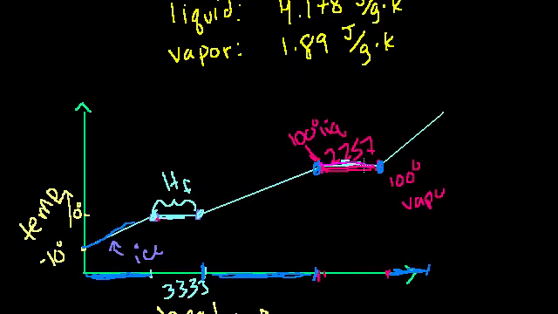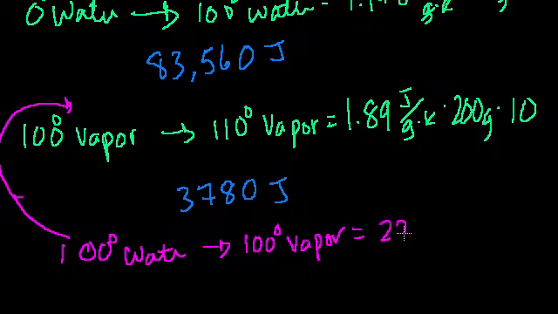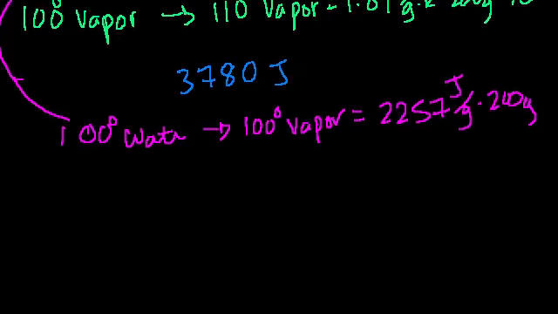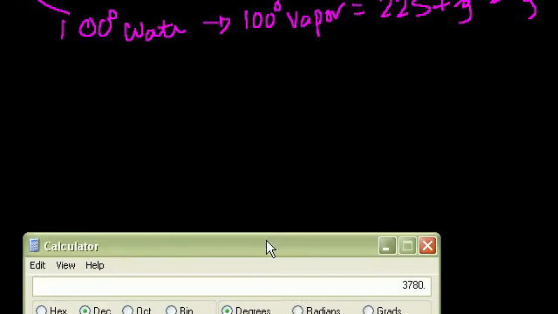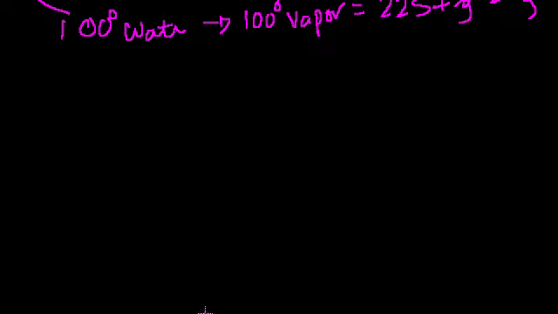So to go from 100-degree water to 100-degree vapor, that's this step right here. This is the phase change. I multiply the heat of vaporization, which is 2,257 joules per gram, times 200 grams. And this is, let's see, clear it out, 2,257 times 200 is equal to 451,400 joules.